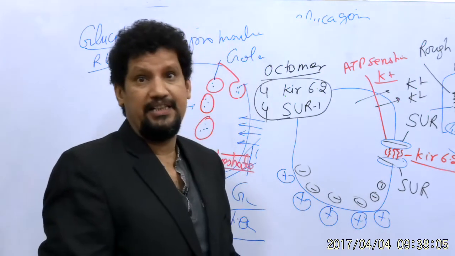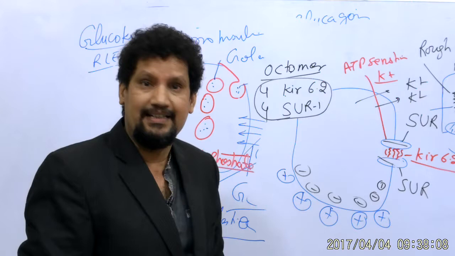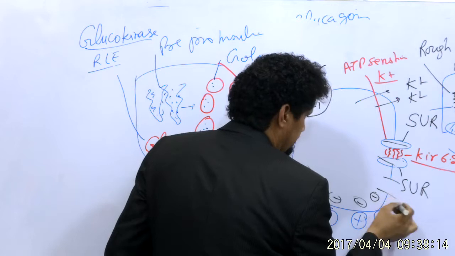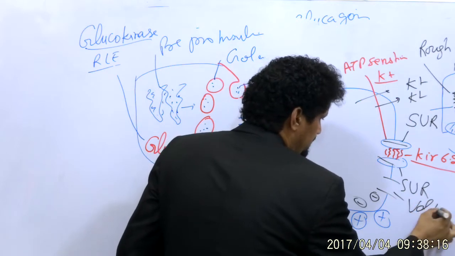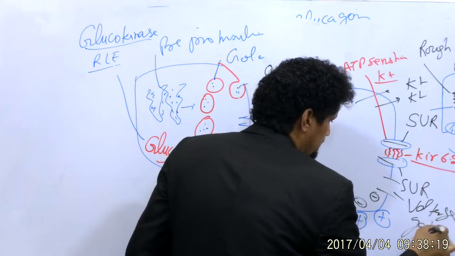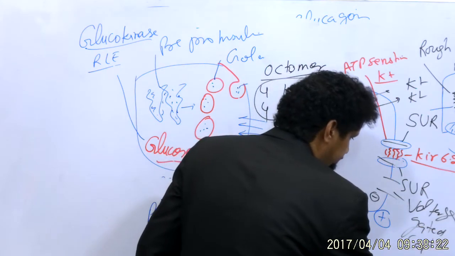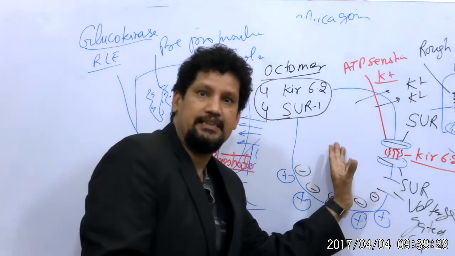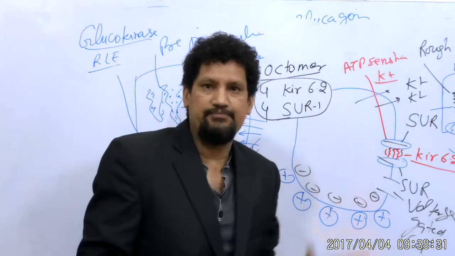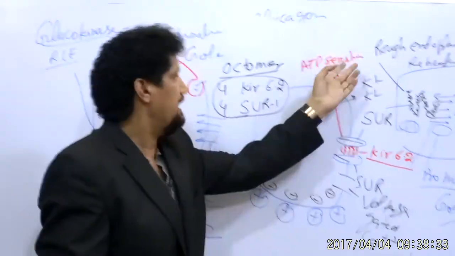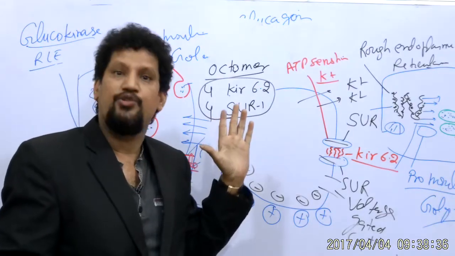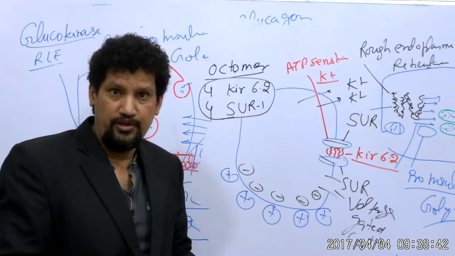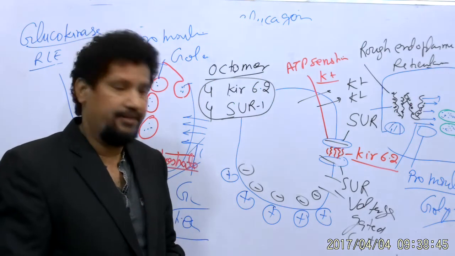At the same time, the voltage gated calcium channels are opened. So there is entry of the calcium inside the beta cell, and the efflux of the potassium is blocked due to closure of these ATP sensitive potassium channels, due to production of the ATP by the phosphorylation and oxidation of the glucose molecule into glucose 6 phosphate and other derivatives.